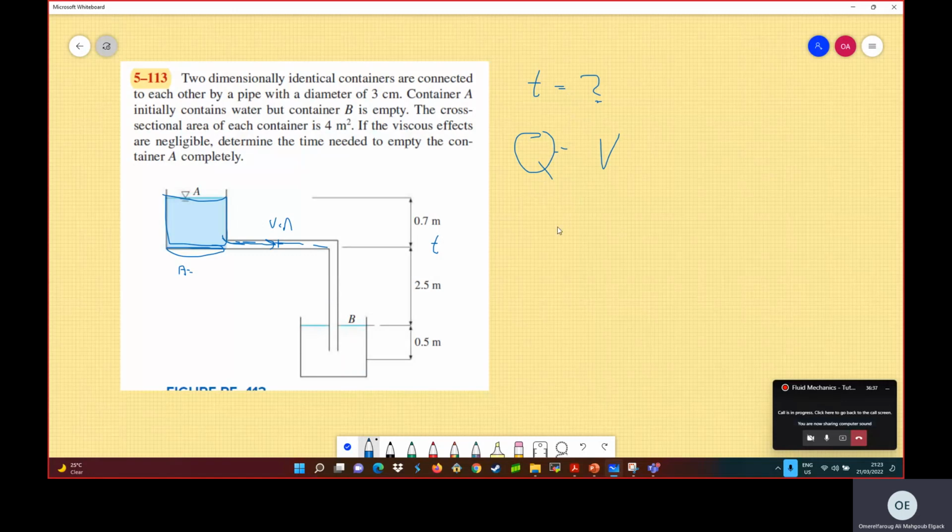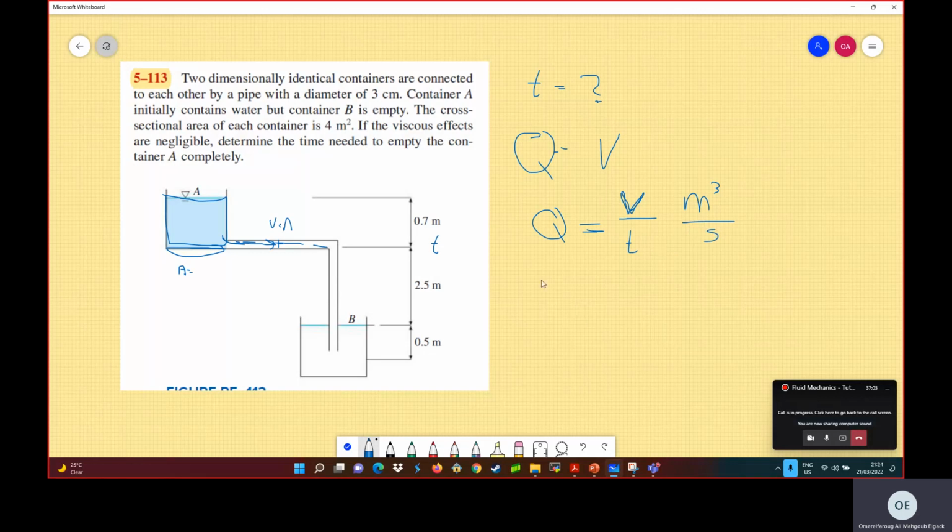Why? Because the volumetric flow rate in the pipe is equal to V multiplied by A, but in the container it's equal to the volume of the fluid in the container divided by the time, because the unit is meter cubed per second.